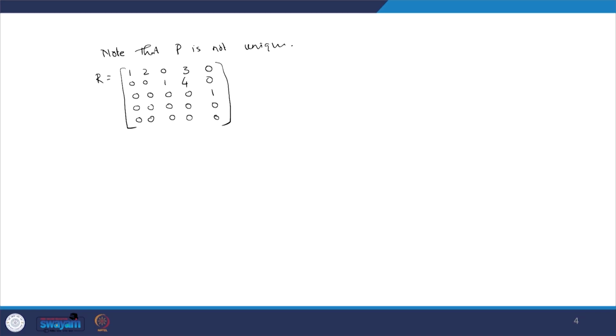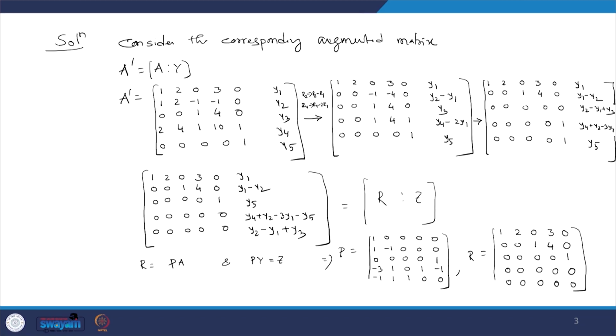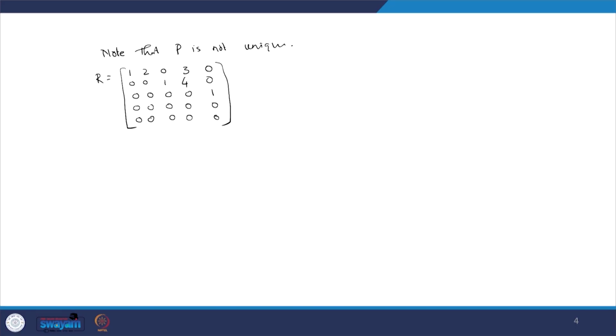Now, my second question was: find an ordered basis B for the row space of A. Already we have proved that the row space of A is basically the row space of R. Now, in R there are 3 non-zero rows.